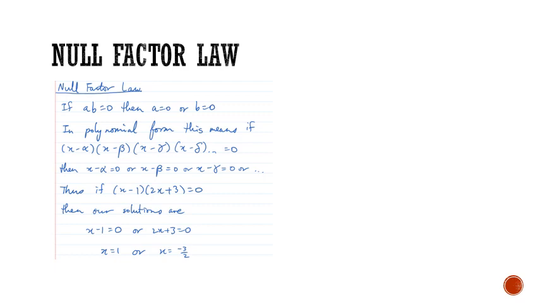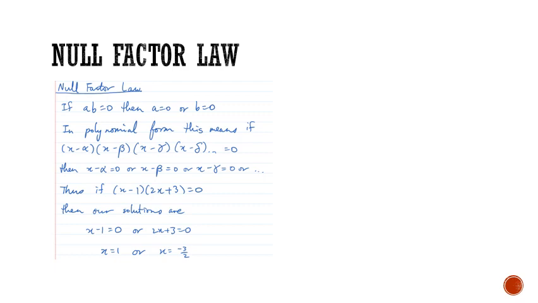So for example, if the first one's equal to 0, then we have x minus alpha must be equal to 0. Or it could be the second one here, which would then mean x minus beta is equal to 0, etc., etc. So that means you'll have multiple solutions, and you have to write out all your solutions.